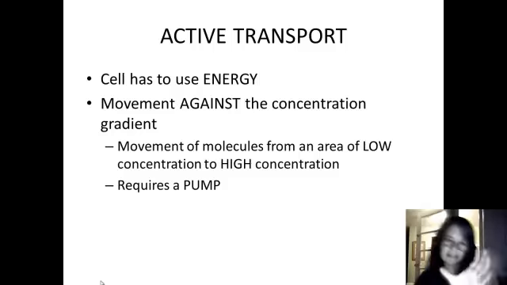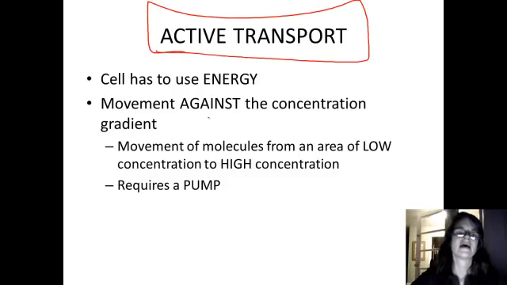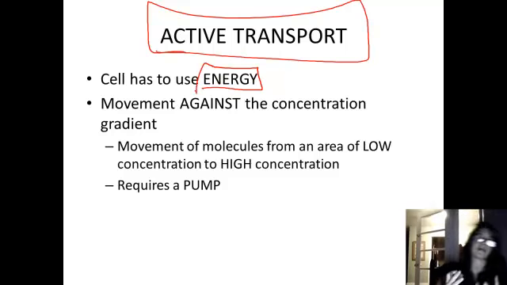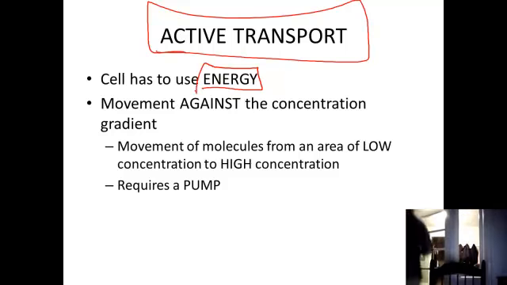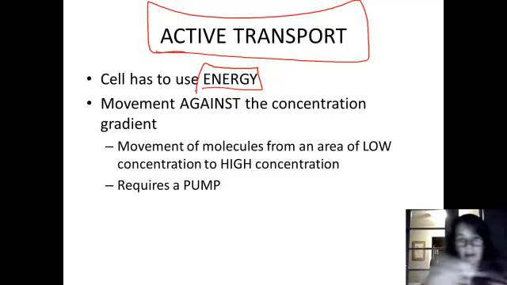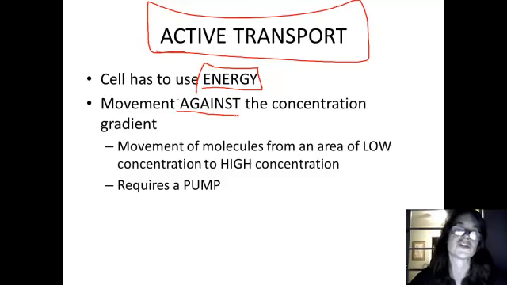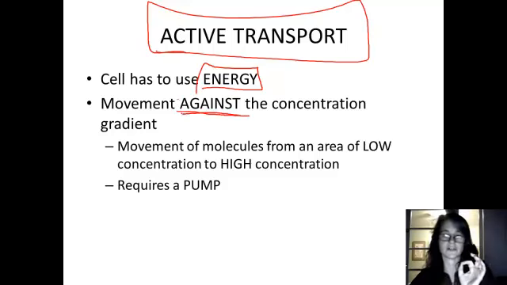Now, active transport, on the other hand, our other big category, occurs when the cell has to use energy to make this motion occur. It's not going to just happen because the molecules are moving. We are going to have to put energy into pulling some molecules because they are now going to be forced to go against their concentration gradient.